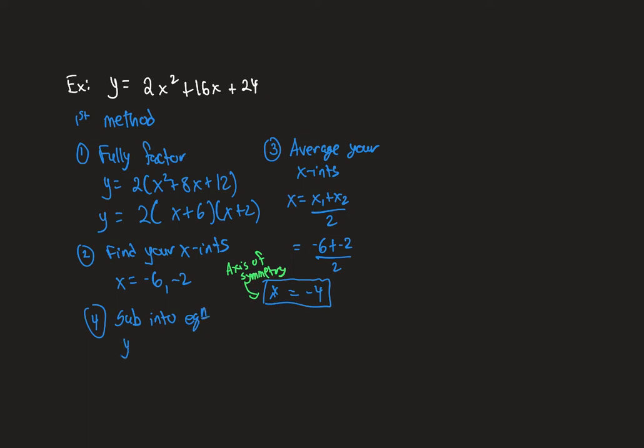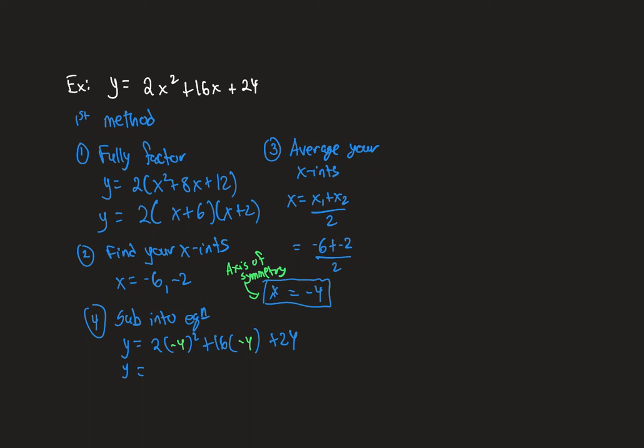Okay, so you're going to have y is equal to 2, instead of the x, it's going to be -4 squared plus 16 times -4 plus 24.